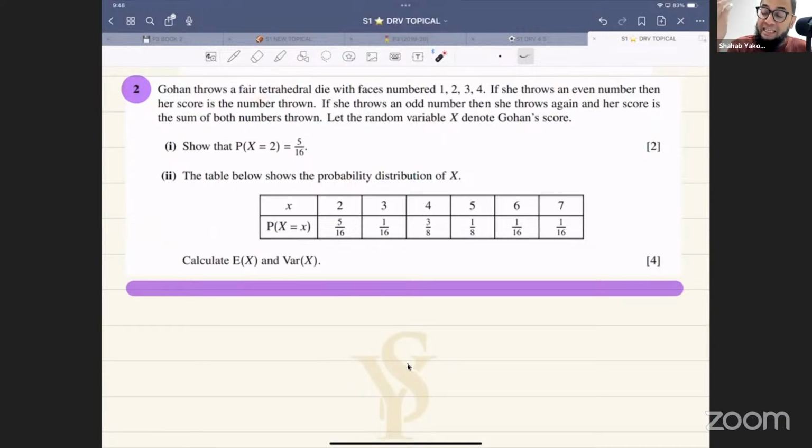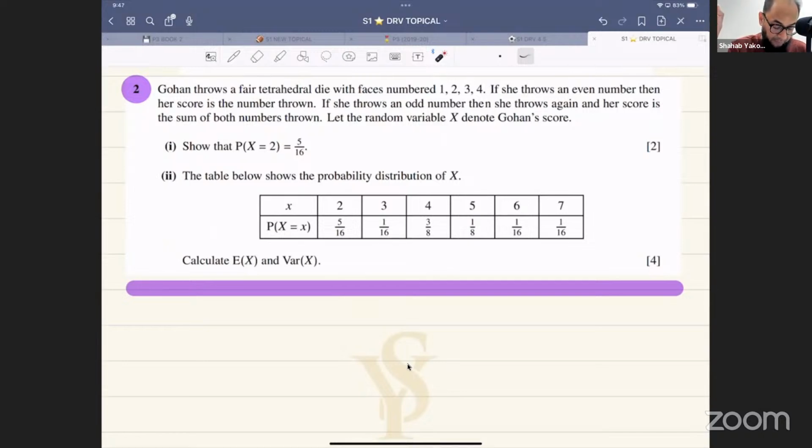If she throws an even number, then her score is the number thrown. So if she's getting an even number like 2, the score is 2. If she gets a 4, her score is 4. If she throws an odd number, then she throws again and her score is the sum of both the numbers.